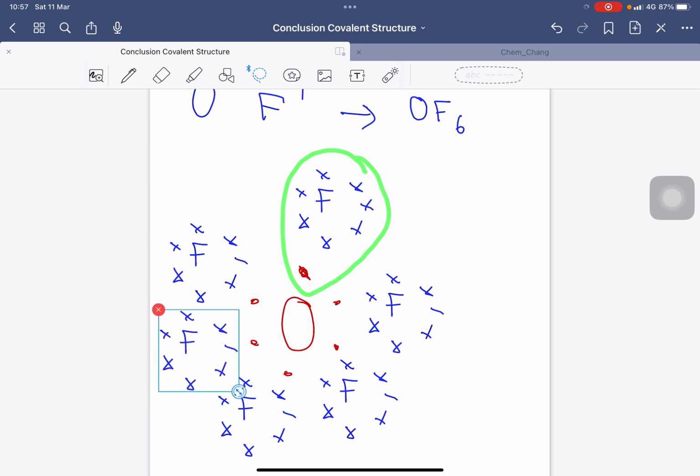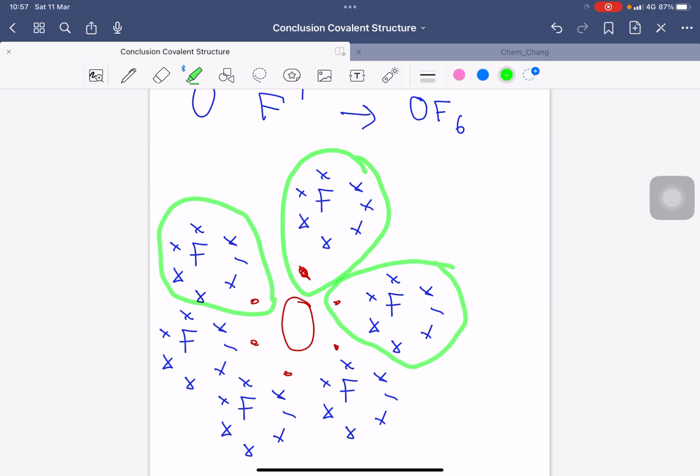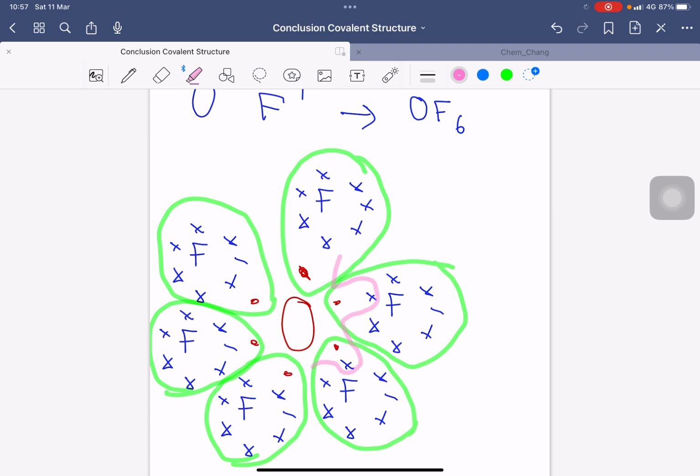So for this molecule that you see here, you can see that this fluorine is fulfilled in the octet, right? So this is 1, 2, 3, 4, 5, 6, 7, and 8. But for the oxygen in here, you will find that it has 1, 2, 3, 4, 5, 6, 7, 8, 9, 10, 11, 12.